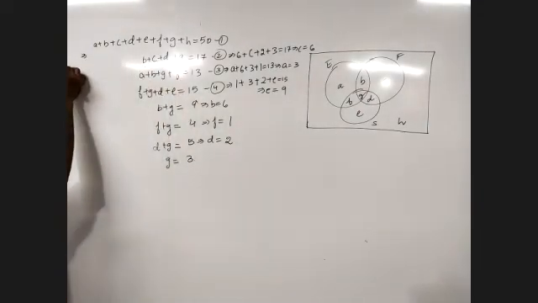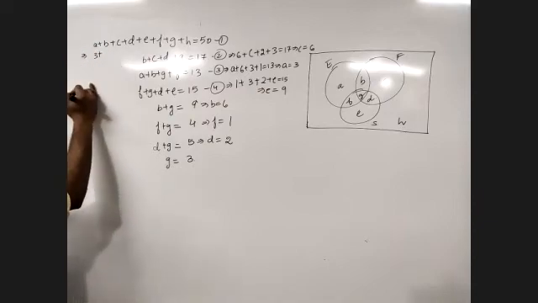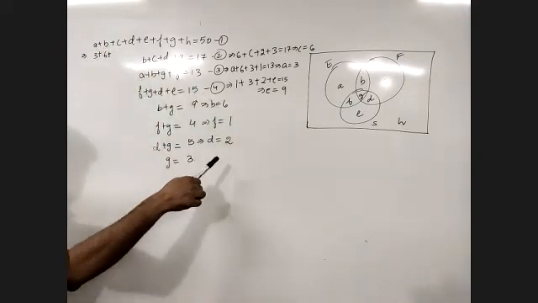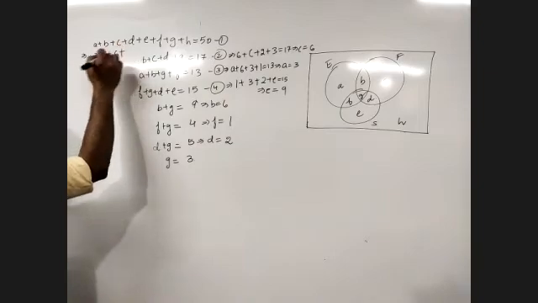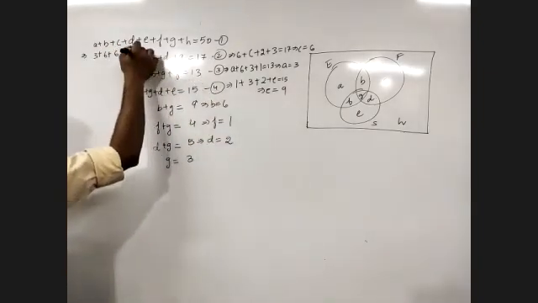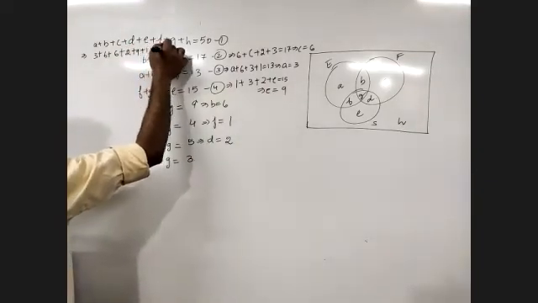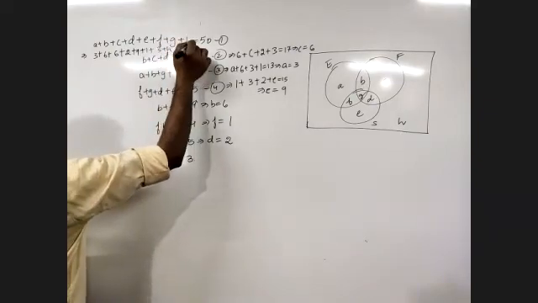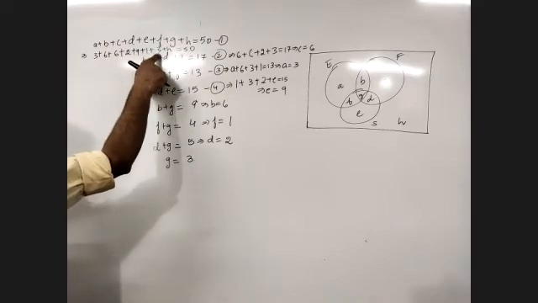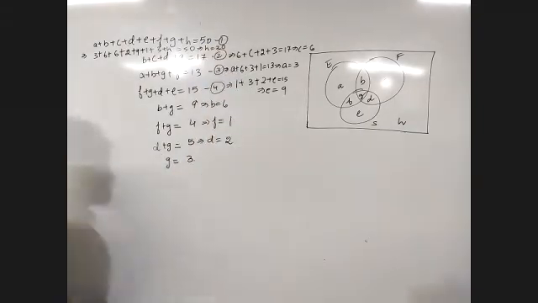In place of A, 3, B, 6, C, 6, D, 2, E, 9, F, 1, G, 3, plus H is equal to 50. 12, 15, 17, 26, and plus 4, 30. So H is equal to 20.